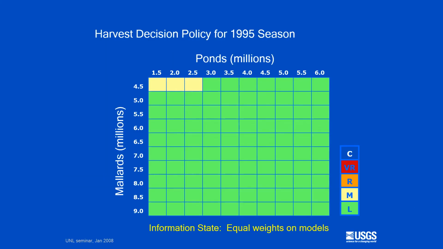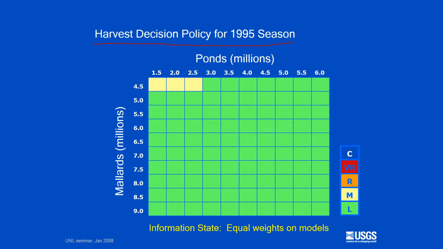So here's just a zoomed in version of those previous boxes, and this is what the harvest decision was for the 1995 season. They basically went with a real liberal approach to harvest. Really didn't matter exactly where the population was or the number of ponds.